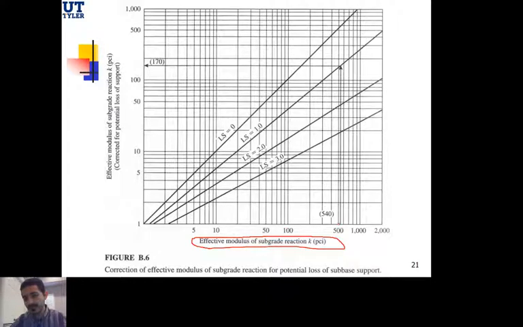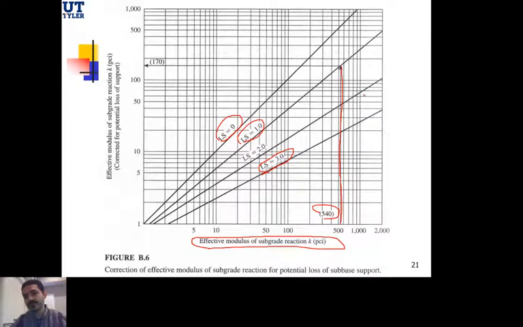Let's say I have a value of 540. 540 is right here, and if I tell you that the loss of support is 1, which is not bad, you're gonna go all the way up to here. Again, these lines represent loss of support equal to 0, loss of support equal to 1, all the way to loss of support equal to 3.